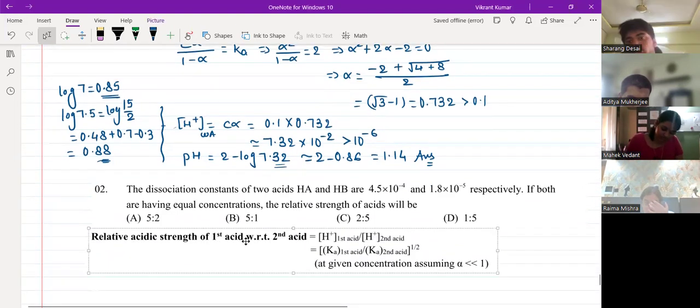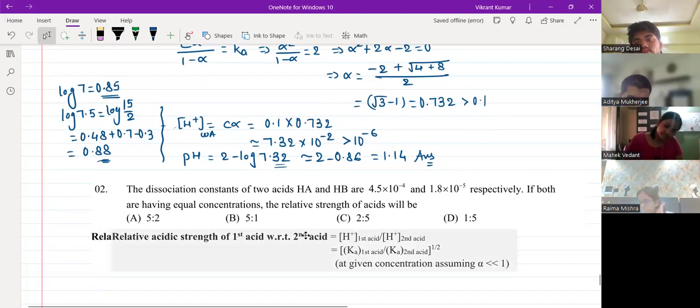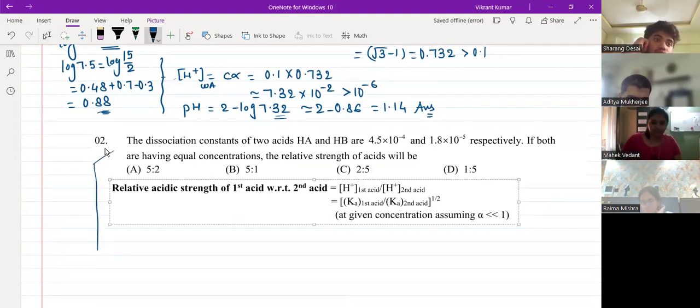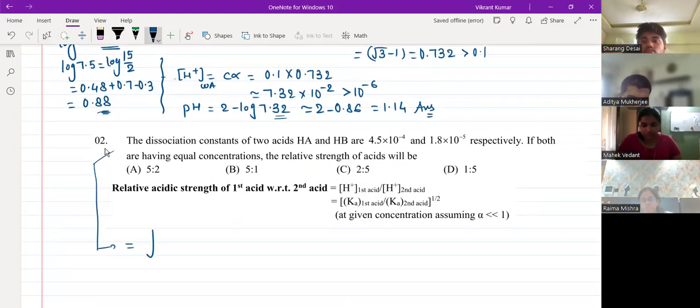यही यही चीज बताया था कि दिस इज द रिलेटिव स्ट्रेंथ का डेफिनेशन. So what we are going to do, we have to calculate ratio of square root of their Ka. If they are asking you relative strength, so we'll write this will be equal to under root Ka of first acid upon Ka of second acid.